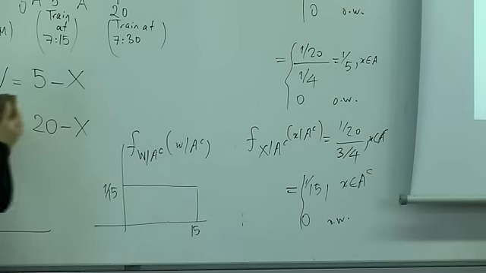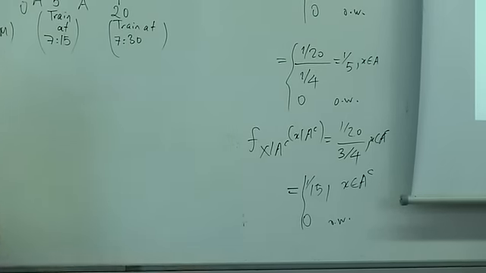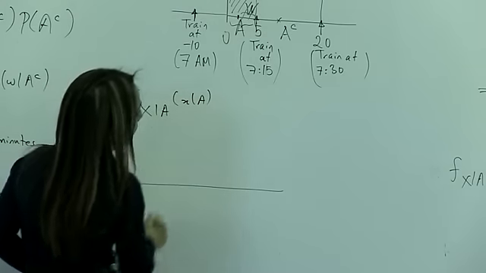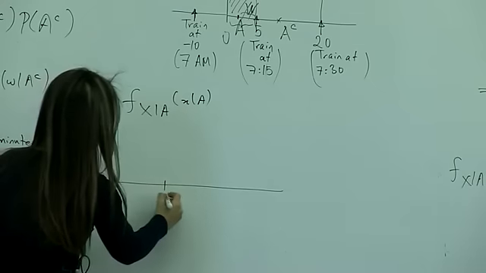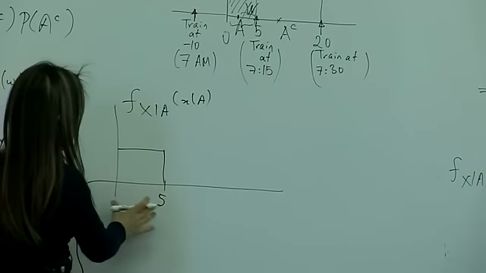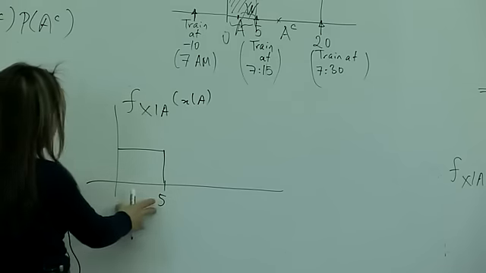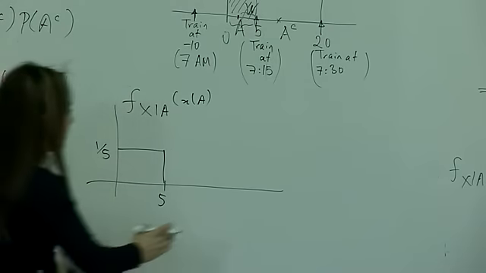Let's plot the conditional density of X under these two conditions. f X given A is 1 over 5 when x is between 0 and 5. Given that my arrival time is between 0 and 5, the density is uniform with 1 over 5 height as expected.